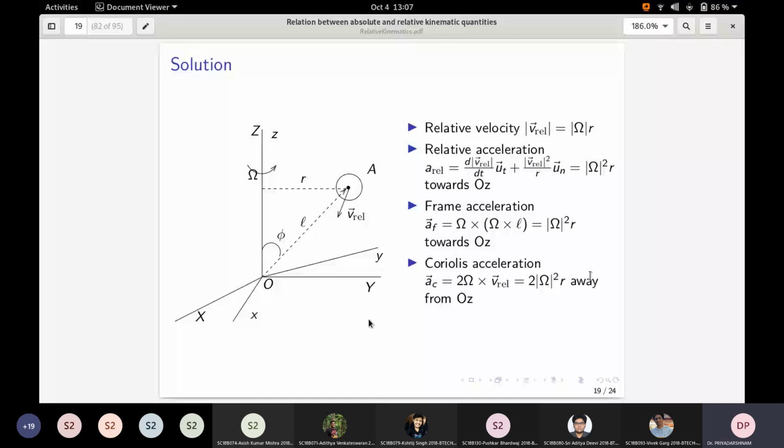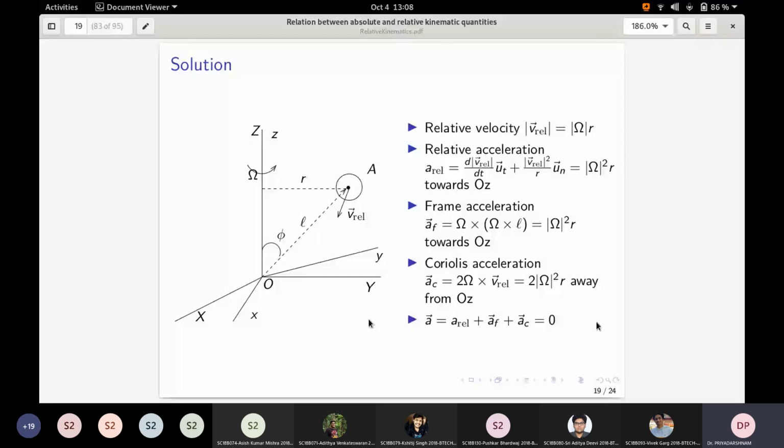Now, since the origin is fixed, A0 is 0. So look at this sum. The sum of all the remaining terms is now 0. This is what we expect. In the beginning, we also made that statement. This is just an example to show that even though the particle is fixed, it will sense certain accelerations: relative, Coriolis, frame, and so on.